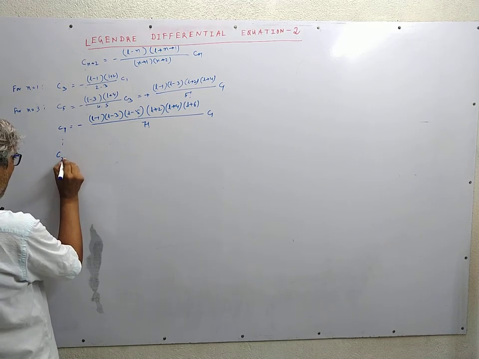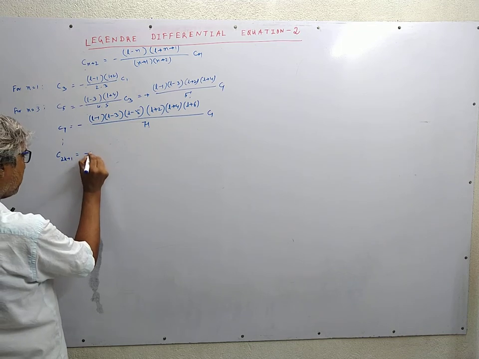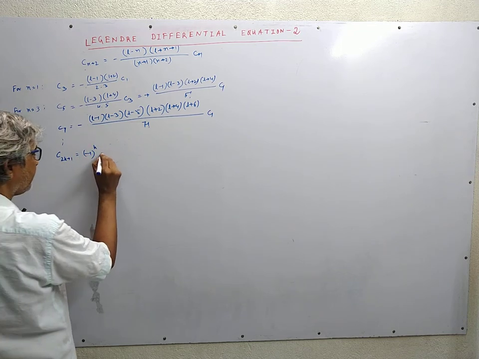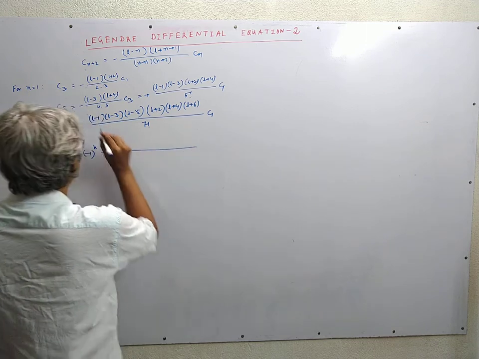In this way, C of 2k plus 1 is equal to minus 1 to the power k.